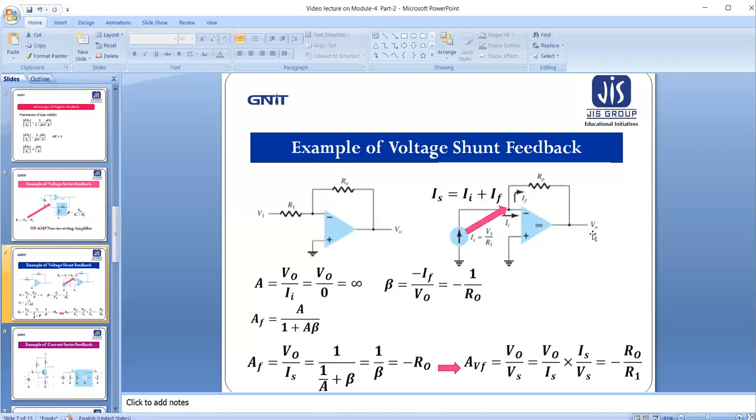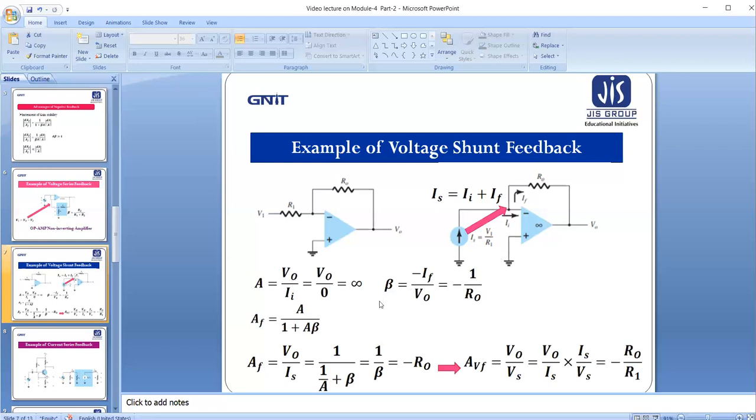So its output is V0, input is II. As we know, the op-amp has high input impedance, or for an ideal op-amp, infinite input impedance. So because the input current will be almost 0, A equals infinity.